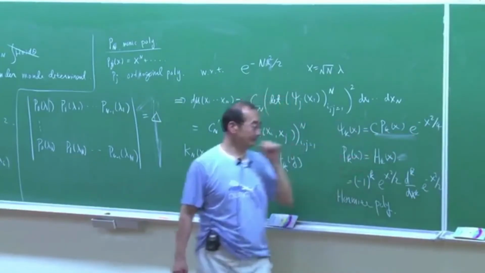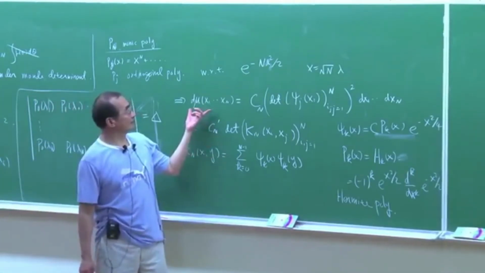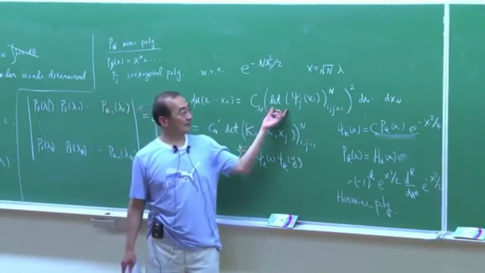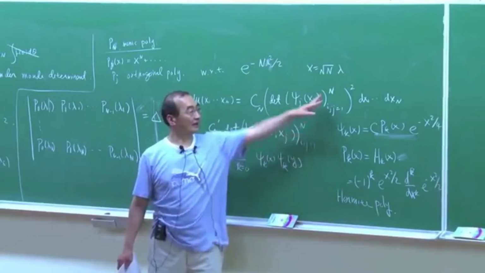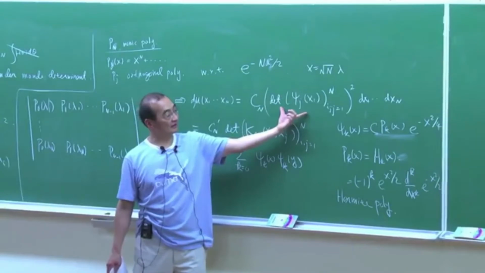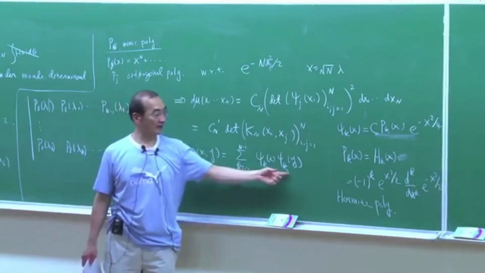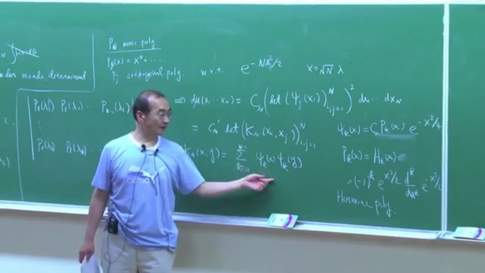I call this psi k. And then this measure will become the determinant of psi j xi, whose determinant is squared. And then if you multiply the two determinants, you will get the psi k x, psi k y, and k from 0 to n minus 1 of this one.